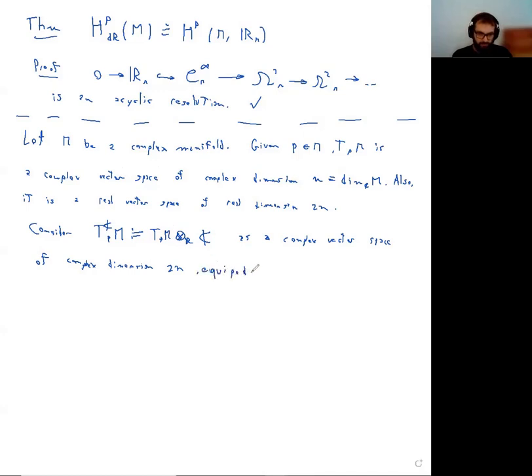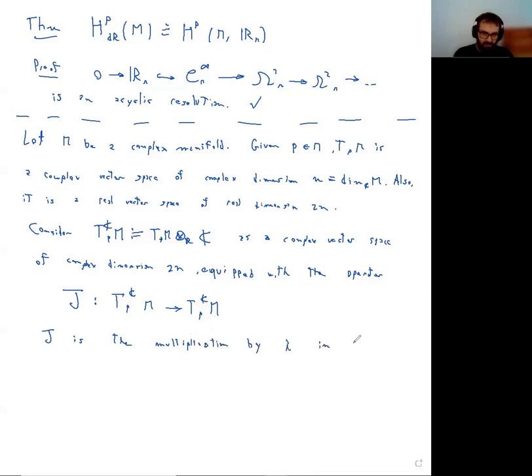So T_p^C M is equipped with the operator, usually called J, from T_p^C M to T_p^C M. So J is the multiplication by i in T_pM, and then we extend it by C-linearity to T_p^C M.